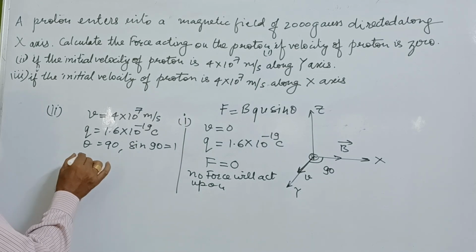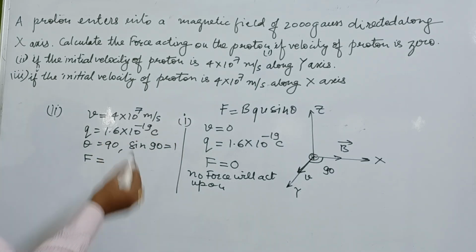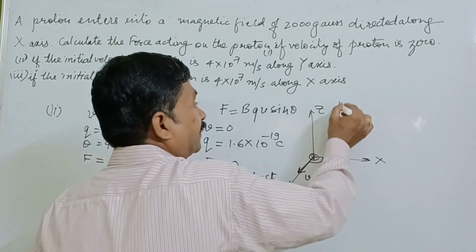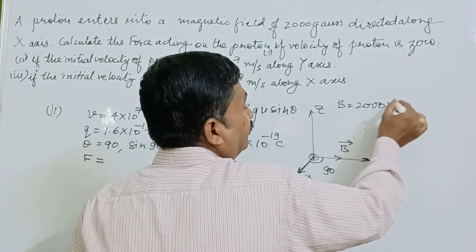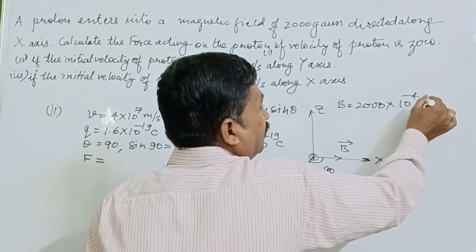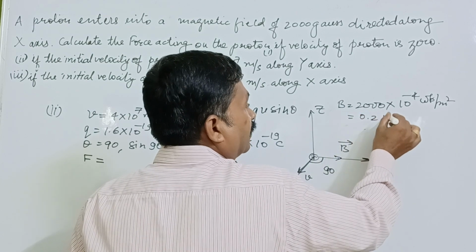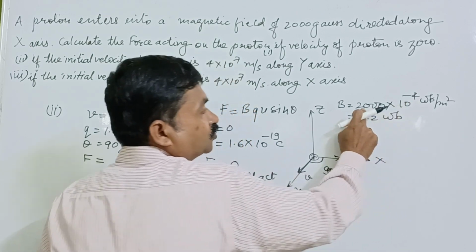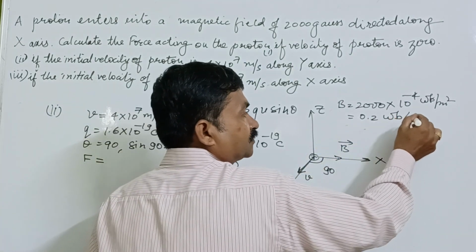Now the force will be B q v sin theta. The magnetic field which is given to us is 2000 Gauss, and we will convert it into Weber per meter square. Taking 2000 divided by 10,000, it is 0.2 Weber per meter square.